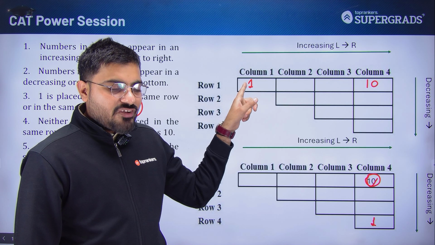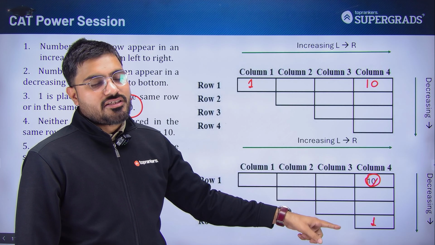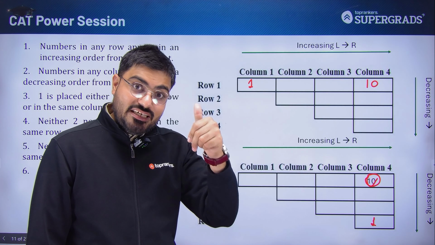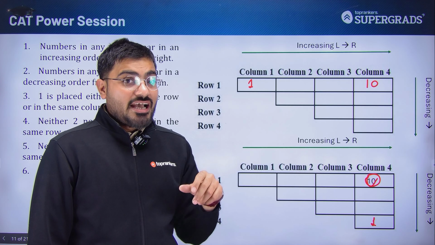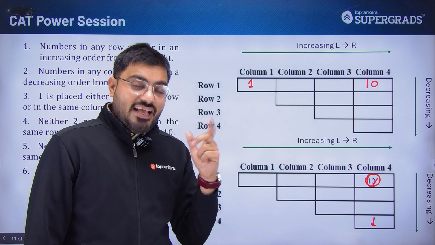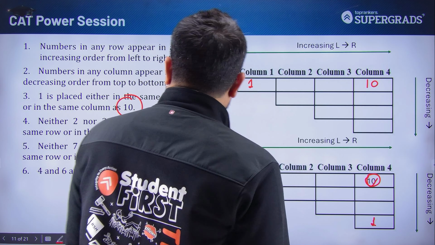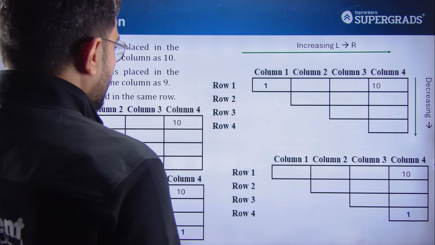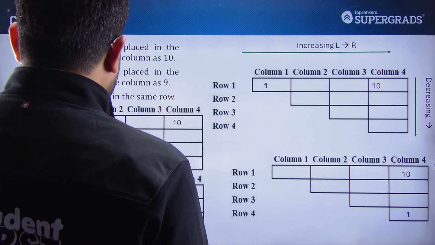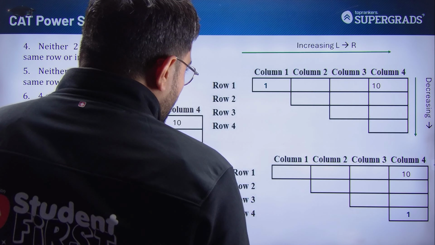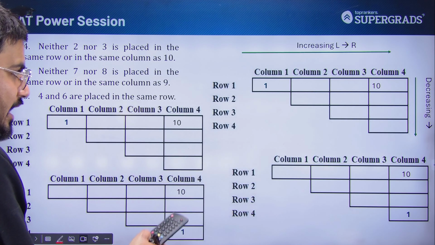So one will definitely come either at this place or at this place, but I need two places. Either it comes in column or it comes in row. Since this was not direct, I formed cases. So one comes here or here, at both the places.